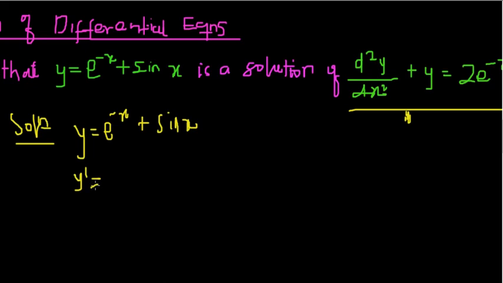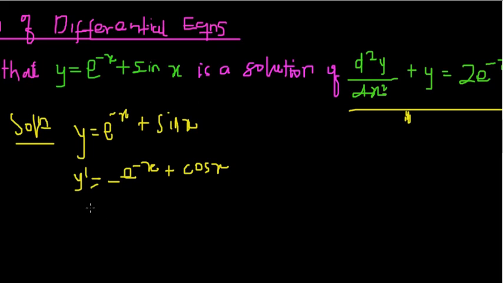When you differentiate e to the power x, you get minus e to the power minus x. And when you differentiate a trigonometric expression like sin x, you end up with cos x, so plus cos x. This is the first differential.